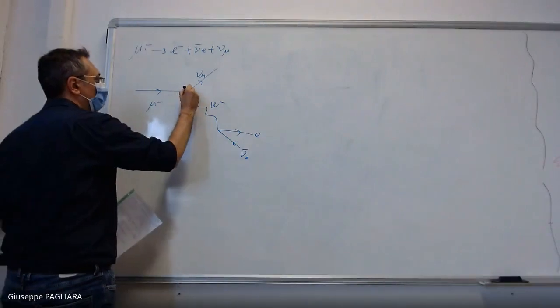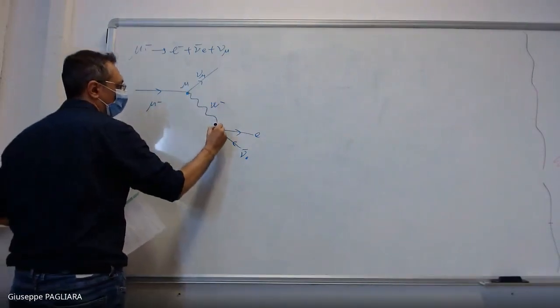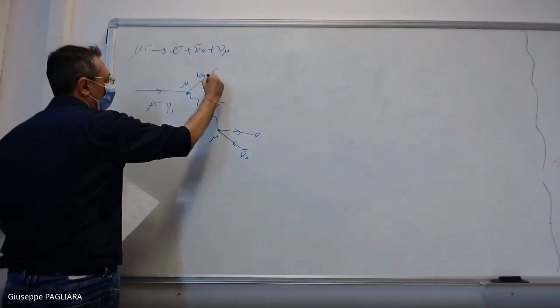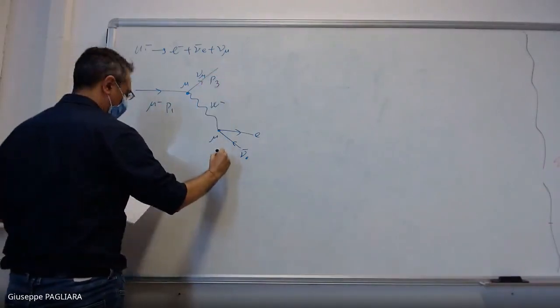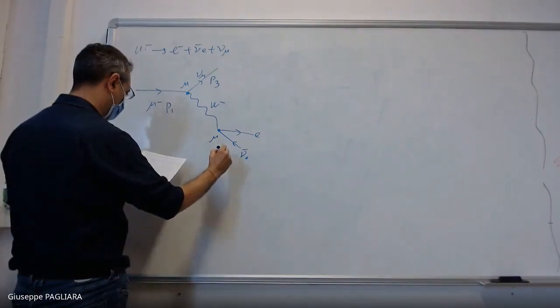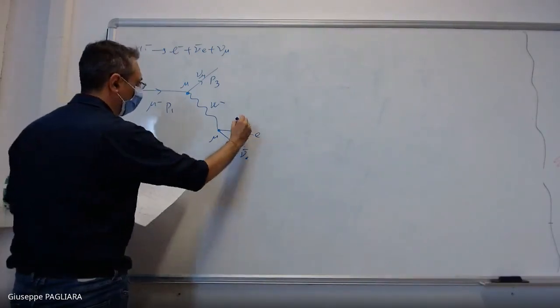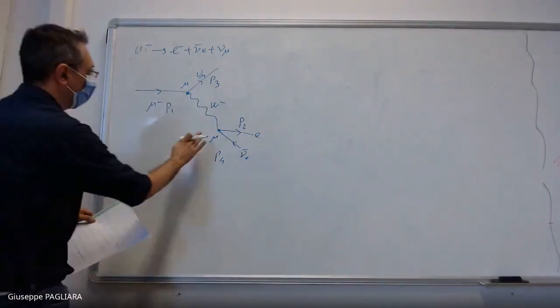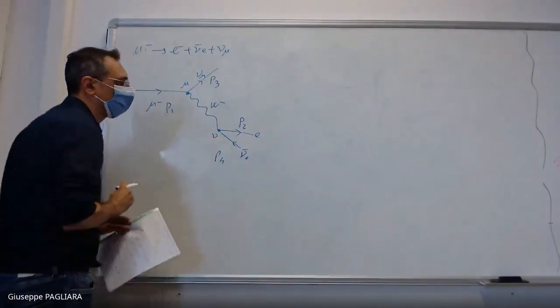We have two vertices, and we can put also the four-momenta P1, P3, P4.